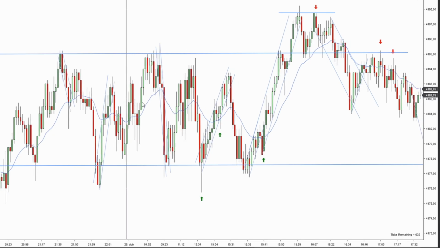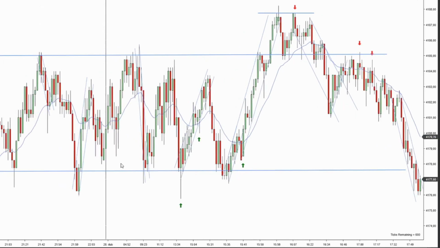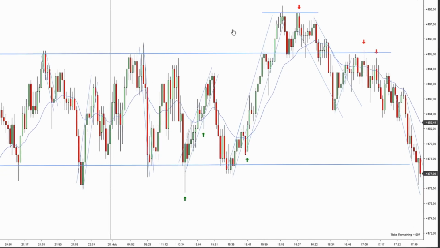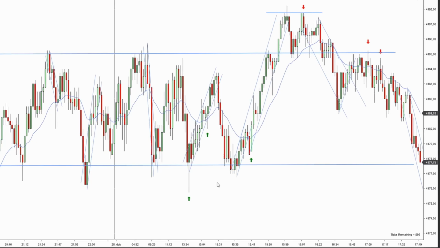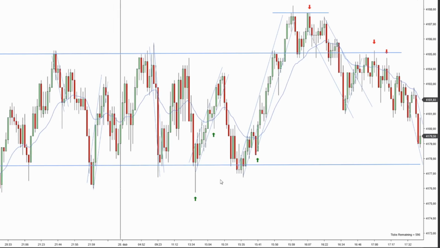Now, the key with trading ranges, for the most part, is to avoid trading in the middle and just focus on buying low and selling high, but more importantly, fading the breakouts. Regardless of what you've been reading on all these forums and in all these books, most breakouts of trading ranges will fail.